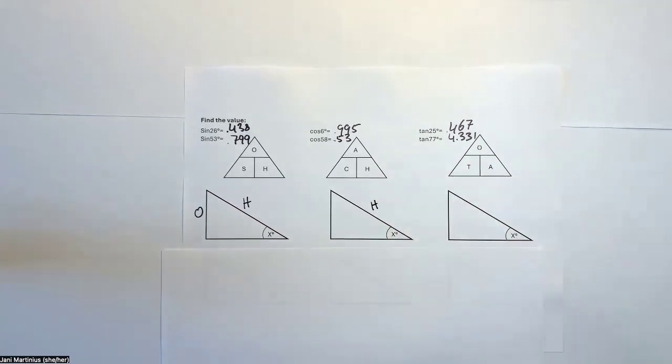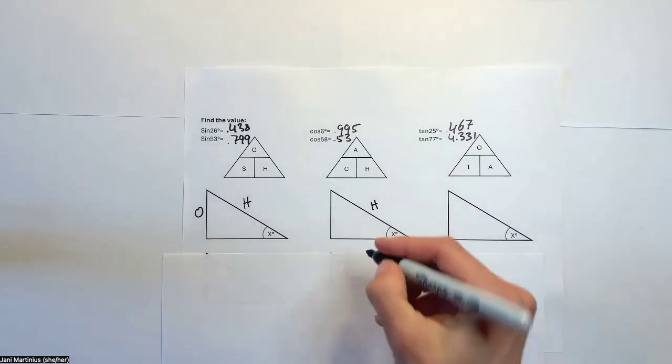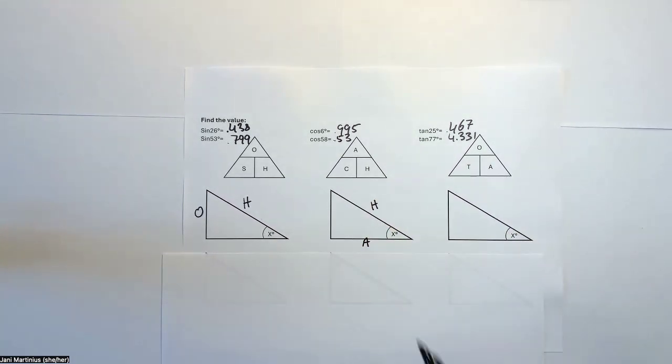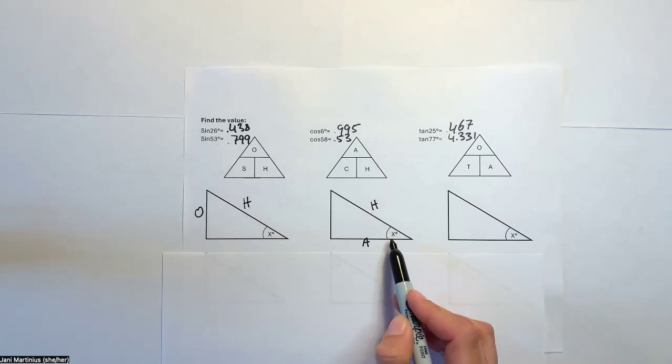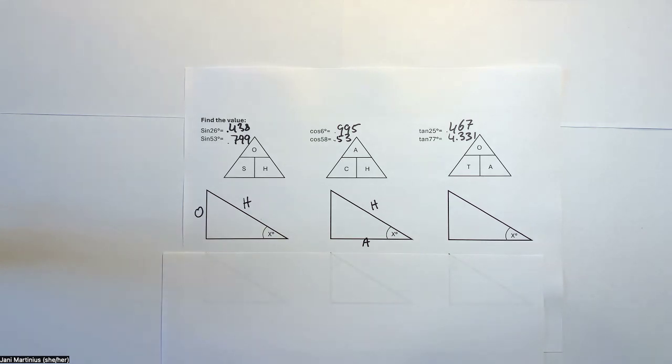Hypotenuse is easy, always the longest one, and the adjacent is always the side right next to the angle. So adjacent is right next to the angle, opposite is across from it. SO and CA are easy to determine because we are using the hypotenuse. That is a first step and a really easy indicator.